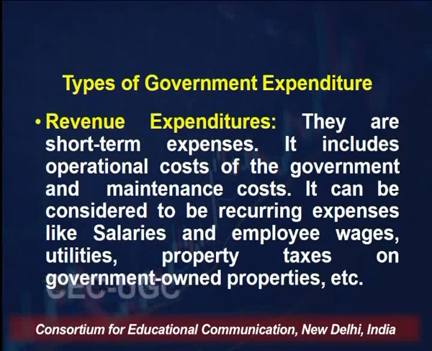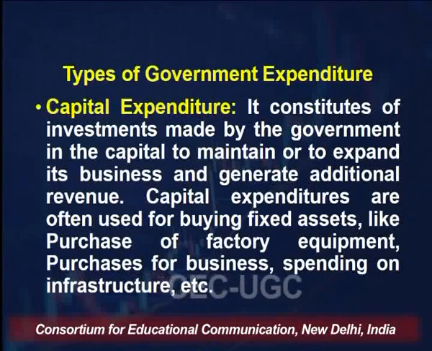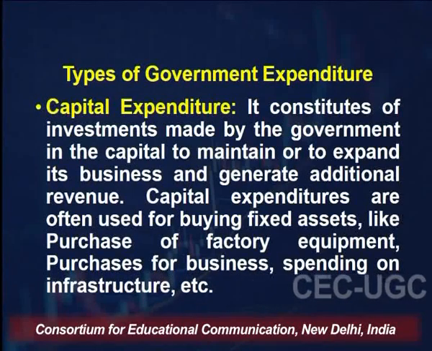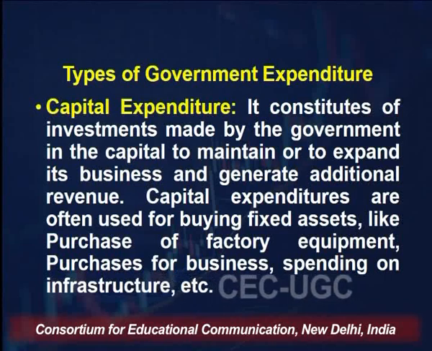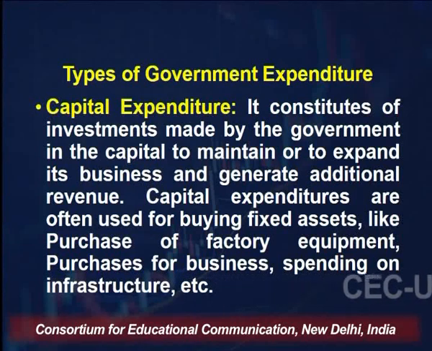Then capital expenditure. It constitutes investments made by the government in capital to maintain or to expand its business and generate additional revenue, because the objective of capital expenditure is always to generate revenue.